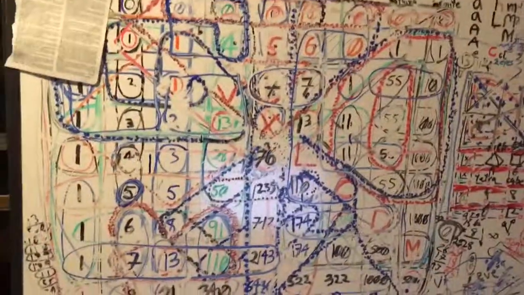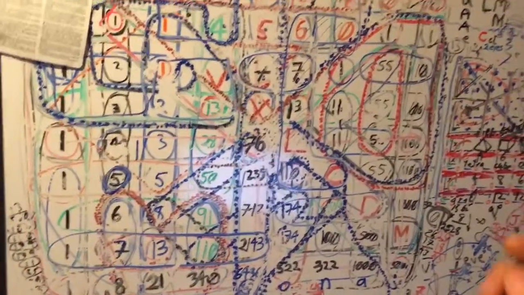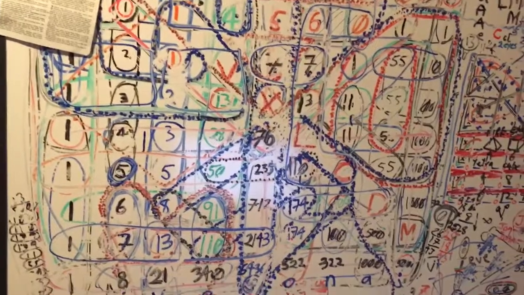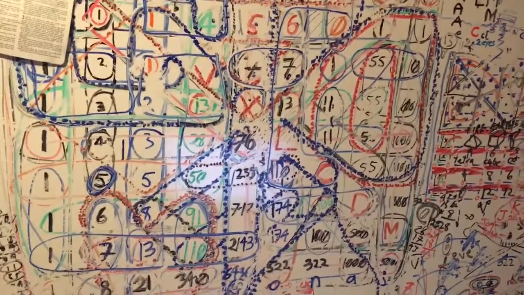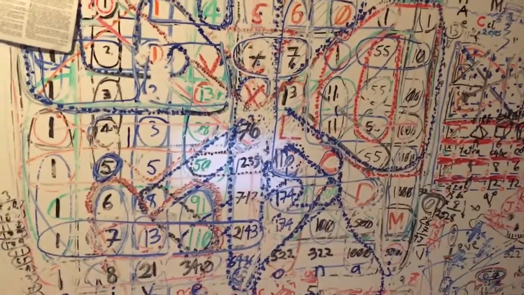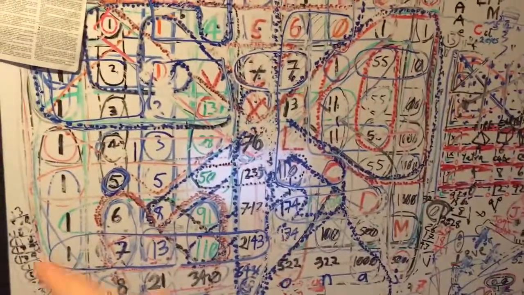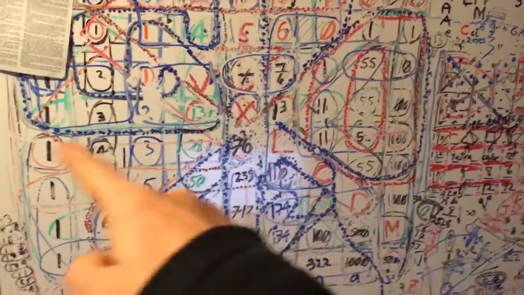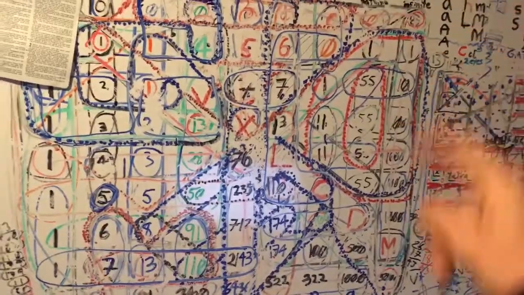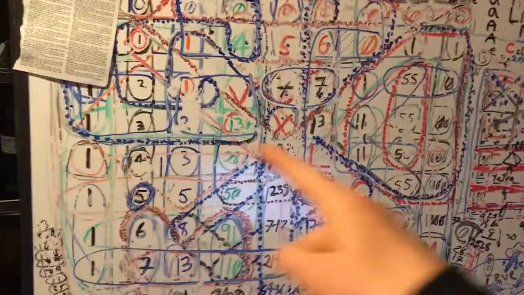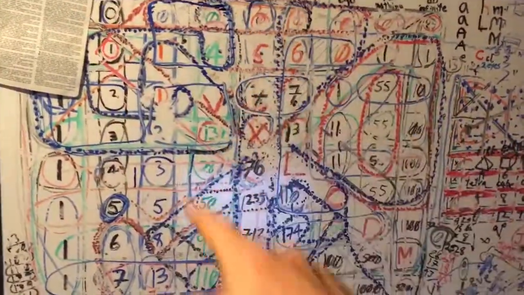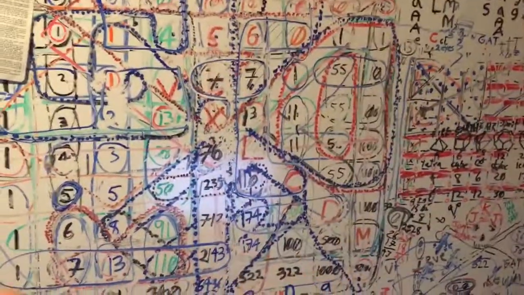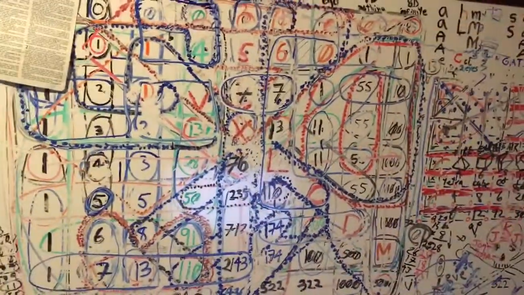Fifth age of the earth, the golden age. Golden age. Big A, U, gold, S, T, I, N.